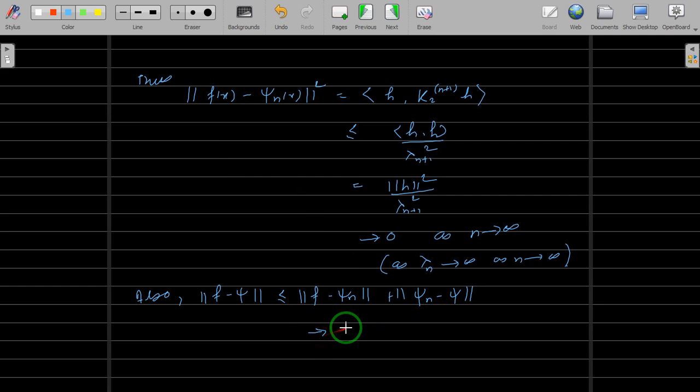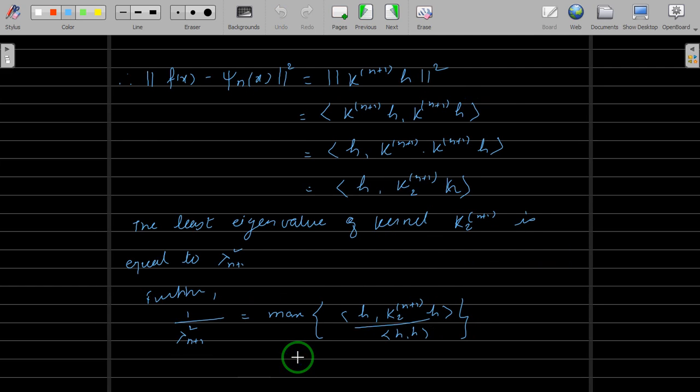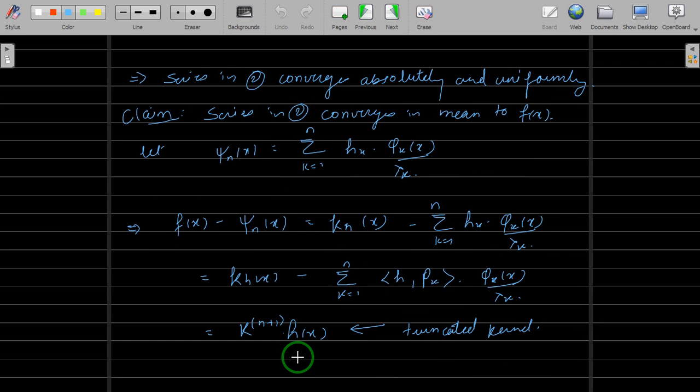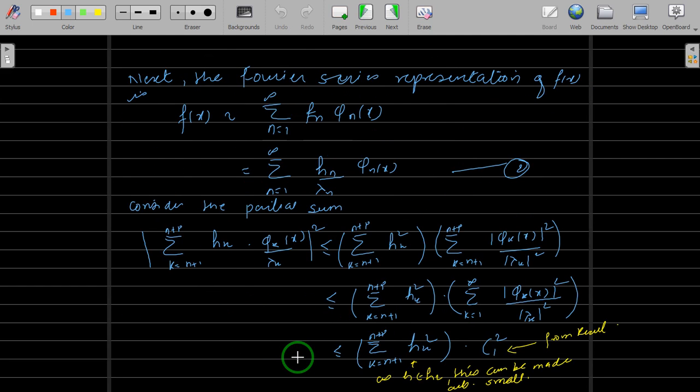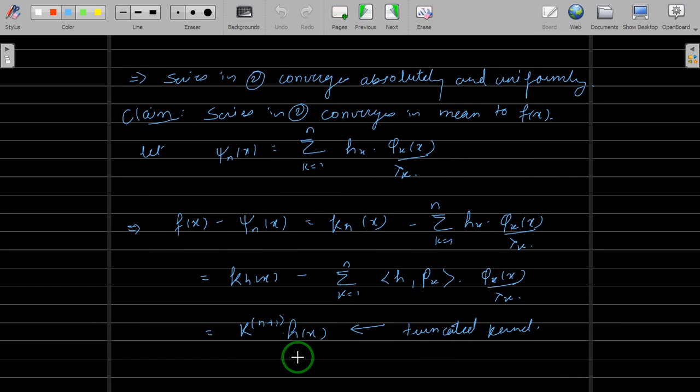So this tends to 0 as n tends to infinity, and this implies f is identically equal to psi. So remember what we have taken as psi. We will say that psi_n tends to psi as n goes to infinity. Ultimately, this is what we wanted to show, and that completes the proof of the Hilbert-Schmidt theorem.